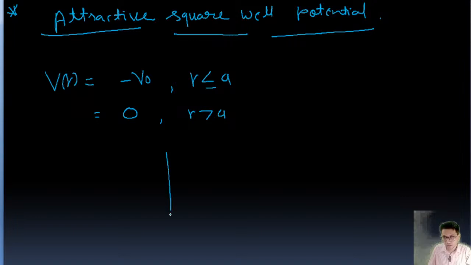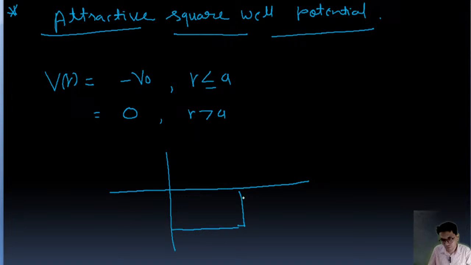I will make a diagram as well so that it can clear your doubt. This depth is minus V naught. This is the first region and this is the second region, and this value is 0 to a.